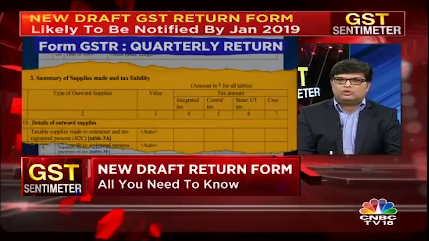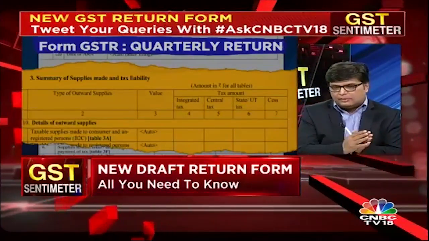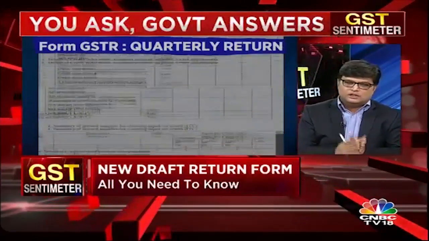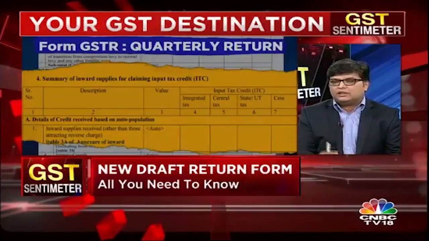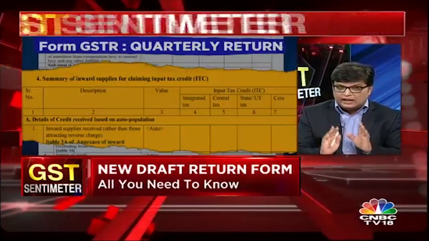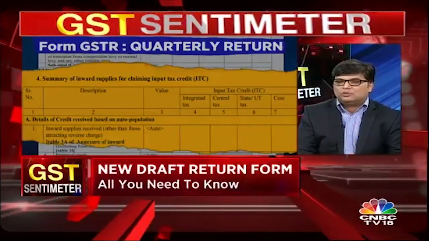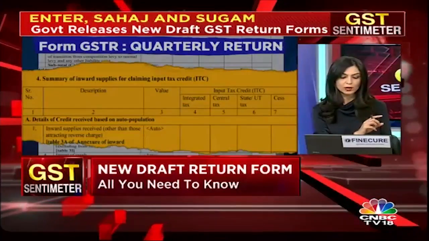You are able to upload your invoice and your buyer is able to see the invoice. So that will keep happening continuously. Once for a particular month you have uploaded all your invoices and your buyer is able to see them, you will pay your taxes on a self-declaration basis. The annexure to a return is not required to be filed on a monthly basis. So that's an important clarification.